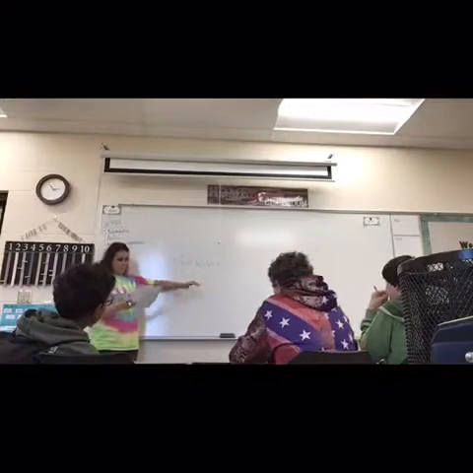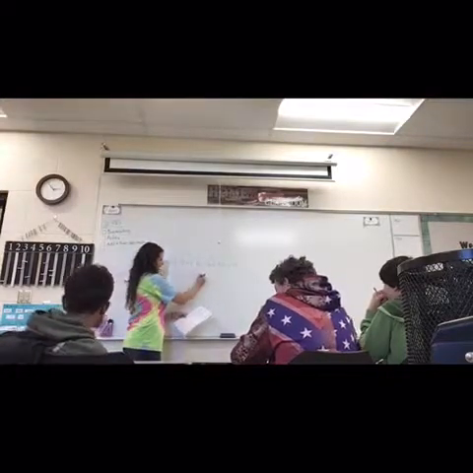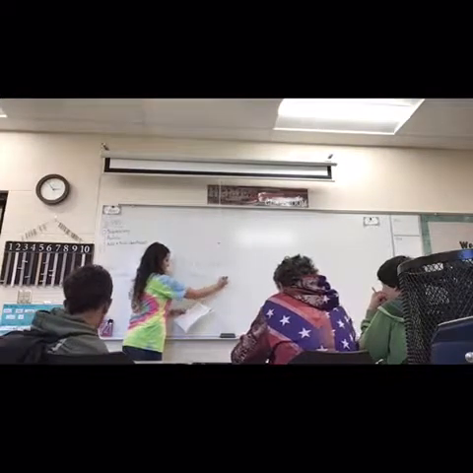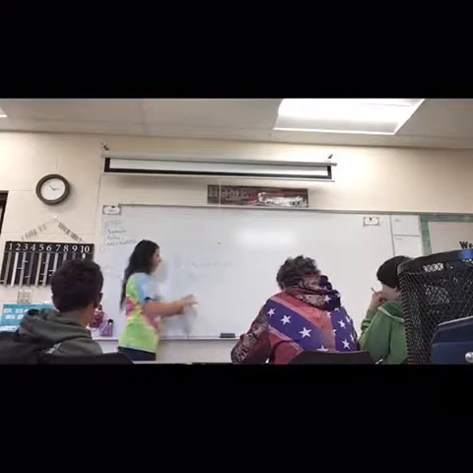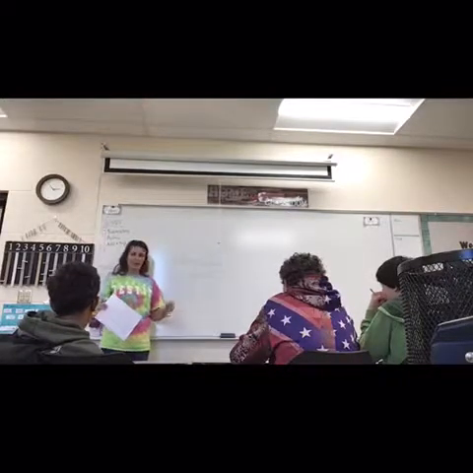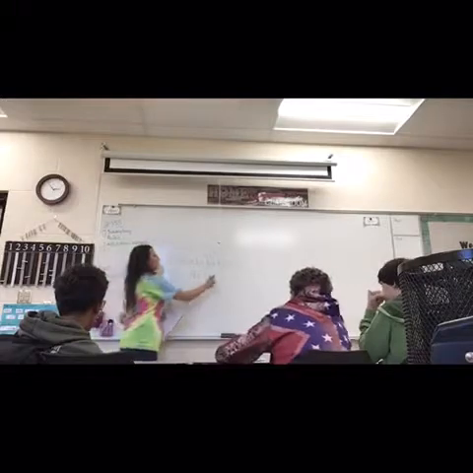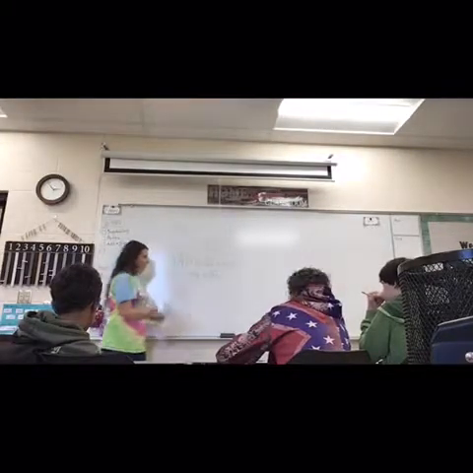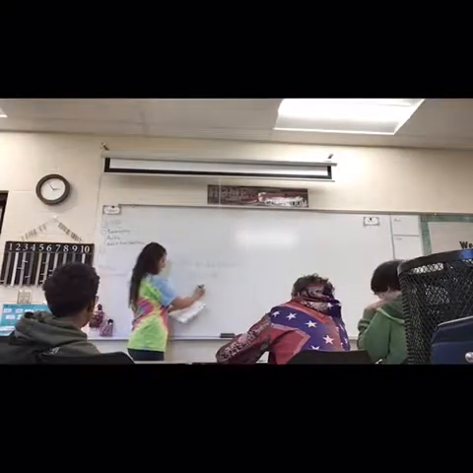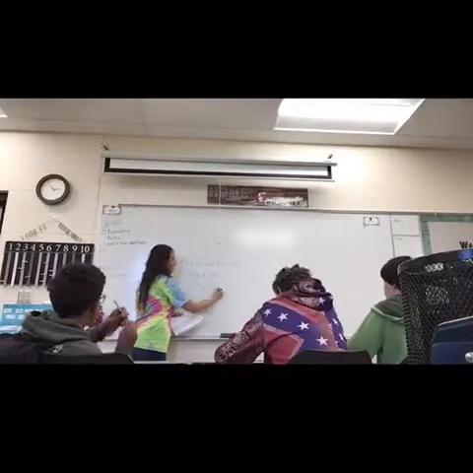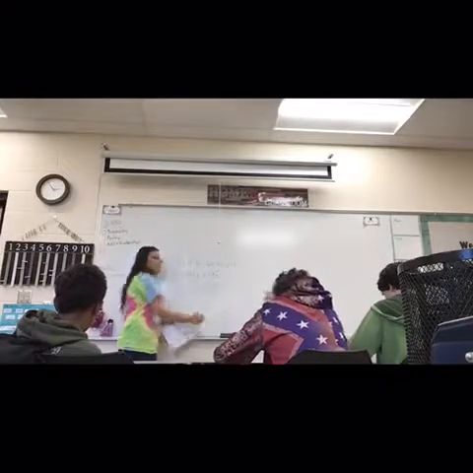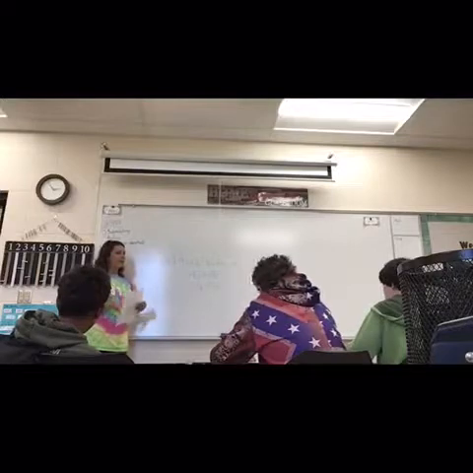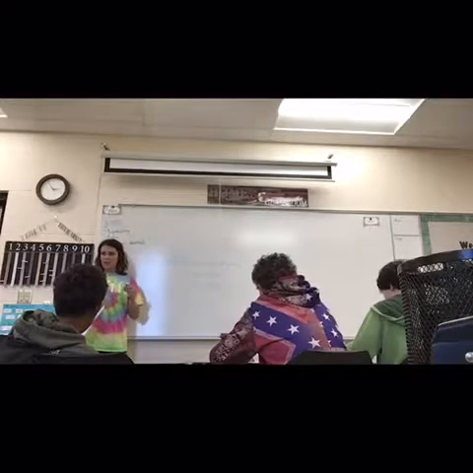So it says 4x and a blank are like terms. 4x and what are like terms? It has to have the same variable. Thank you, good job. 9x. 7y and what? 6y. All you have to do is just combine the ones that have the same variable.